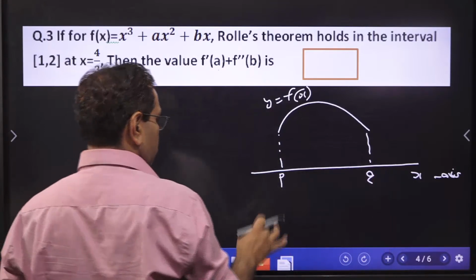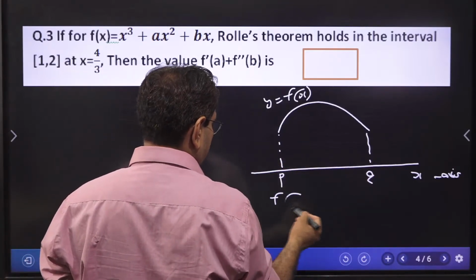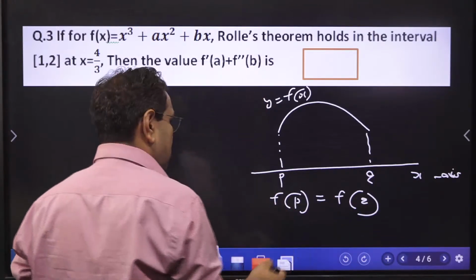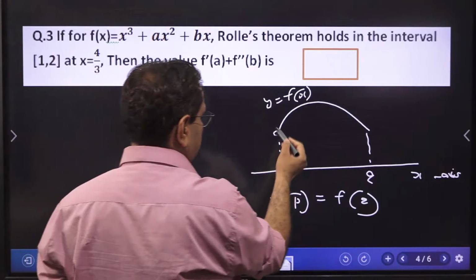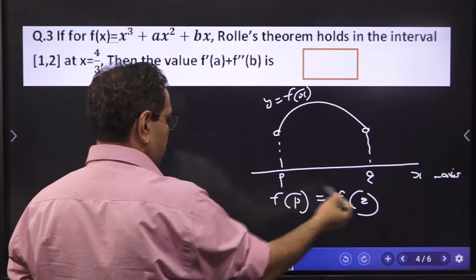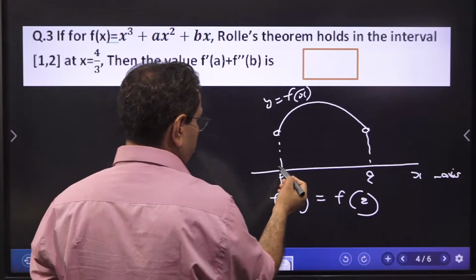So suppose we have 2 points P and Q such that f(P) is equal to f(Q). Means the value of the function at these 2 points is the same. This and this both are at the same height. This function is continuous in the closed interval P to Q.